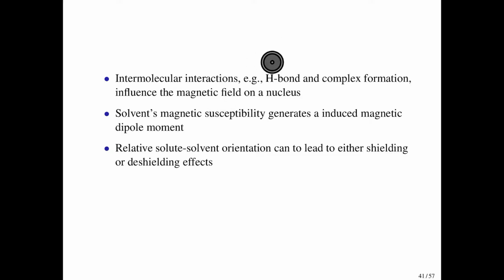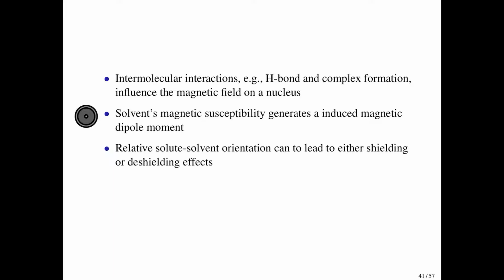If there's a hydrogen bond that's formed, or if there's some sort of complex being formed between the solvent and your molecule of interest, these can have a strong impact on the magnetic field, and then in turn it will affect the NMR frequencies for the resonances that you observe.